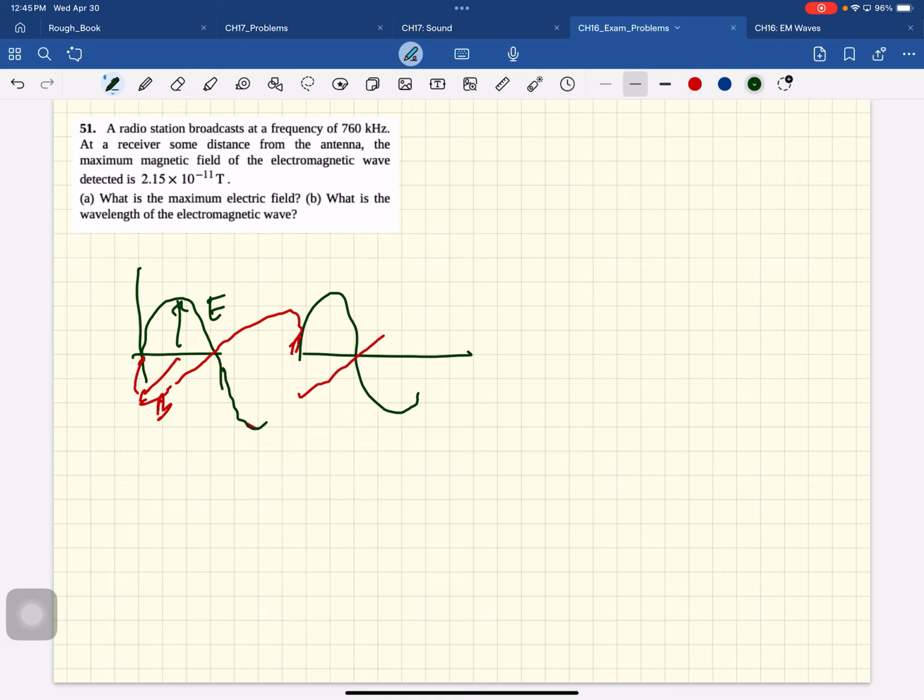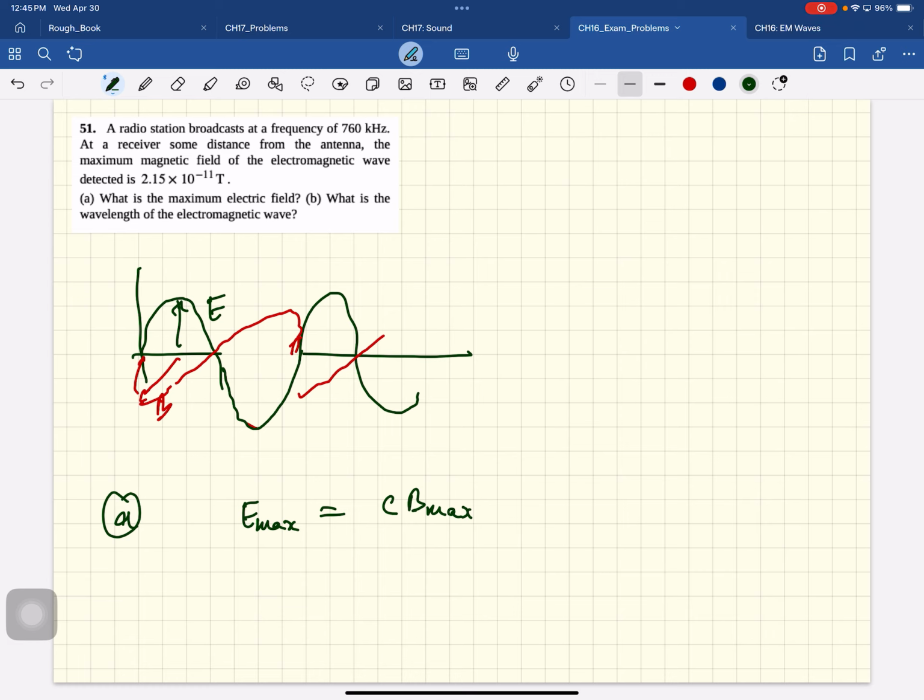So you guys know that. Emax is c times Bmax. That's how they're related. So Emax over Bmax is c.